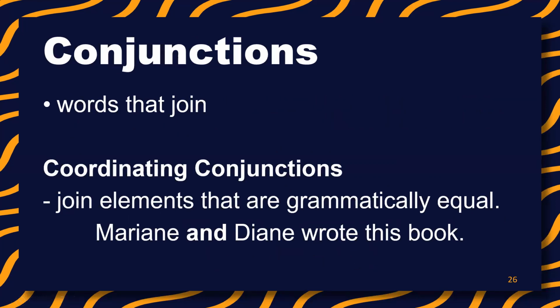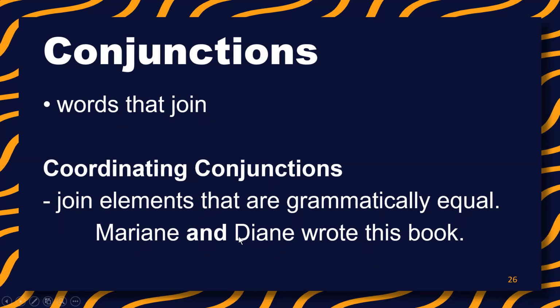Conjunctions, on the other hand, are words that join. We have two types of conjunctions: your coordinating conjunctions and your subordinating conjunctions. Coordinating conjunctions join elements that are grammatically equal. For example, in the sentence, Marian and Diane wrote this book, we have the coordinating conjunction and, which combines Marian and Diane.